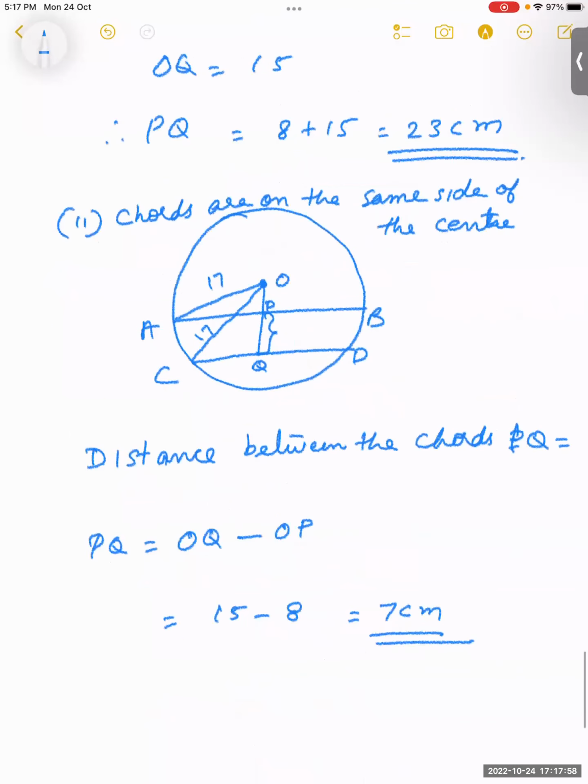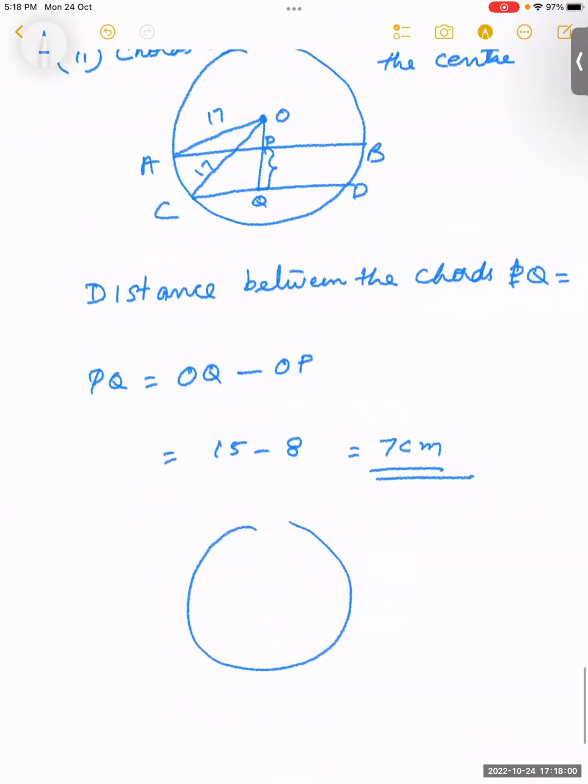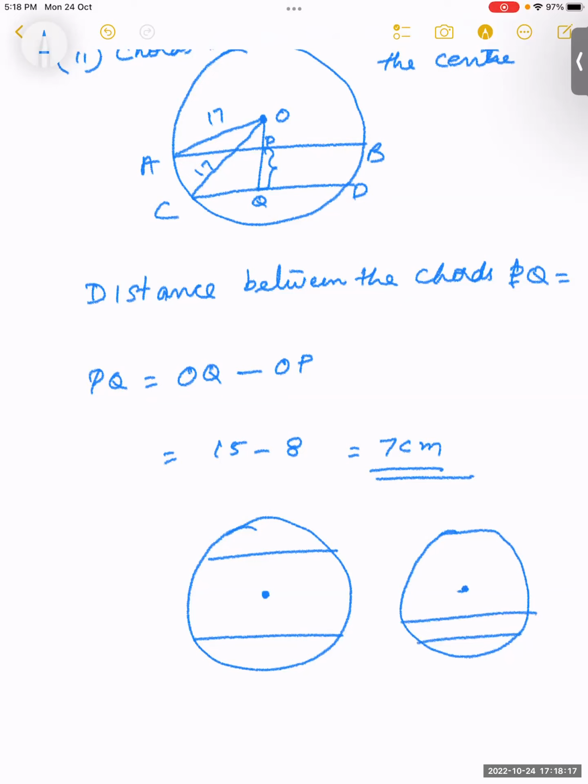You're understanding? So in one case the chord is here and in another case the chord is here, and the center of the circle is here. So they said they are on the opposite sides of the center of the circle. But in one case, what happens? Both are on the same side of the center. So look at this triangle. The radius is not going to change.